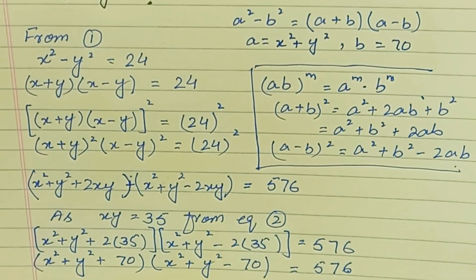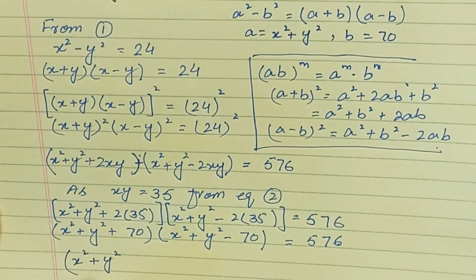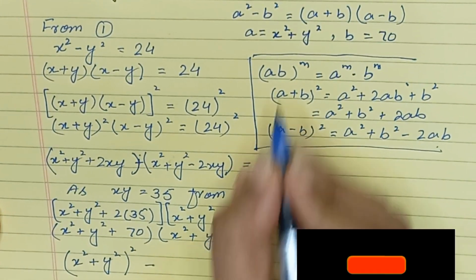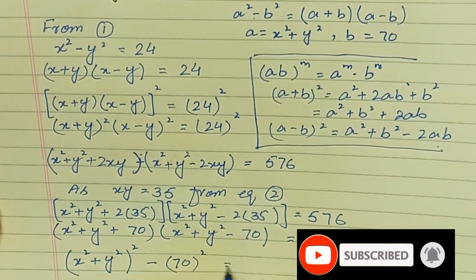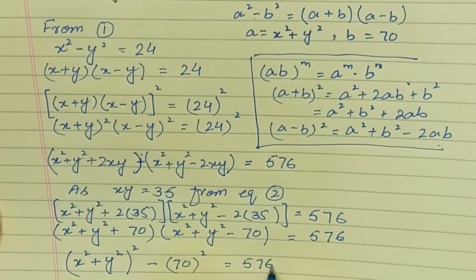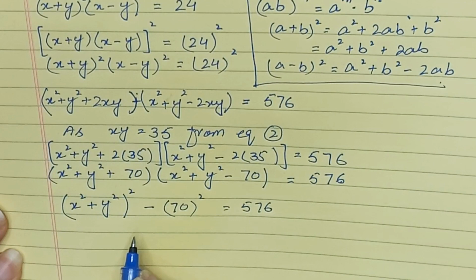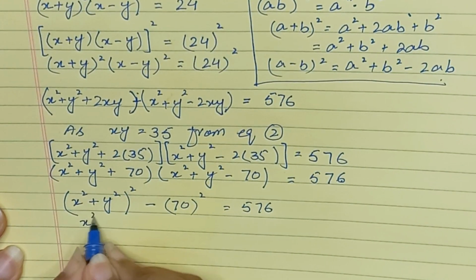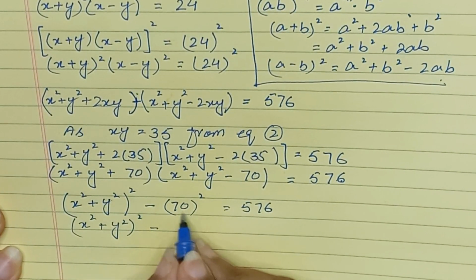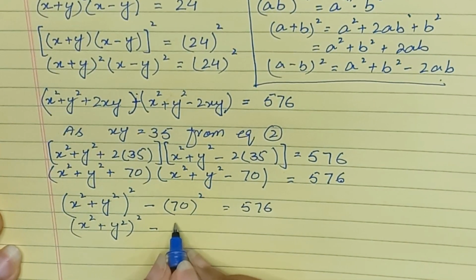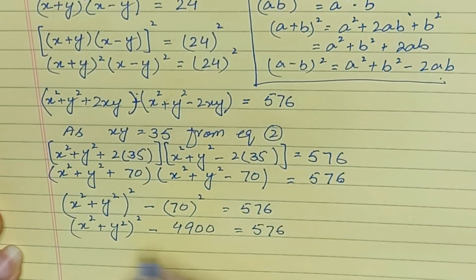So it will become (x square plus y square) whole square, and minus b square means 70 square, and it is equal to 576. Now (x square plus y square) whole square minus 4900 is equal to 576.